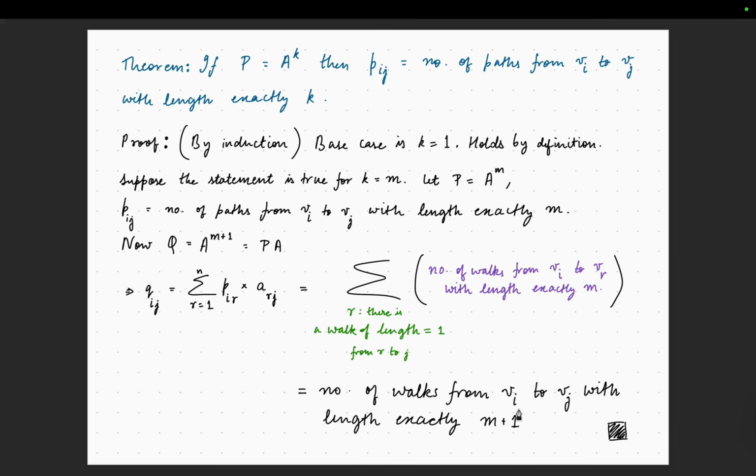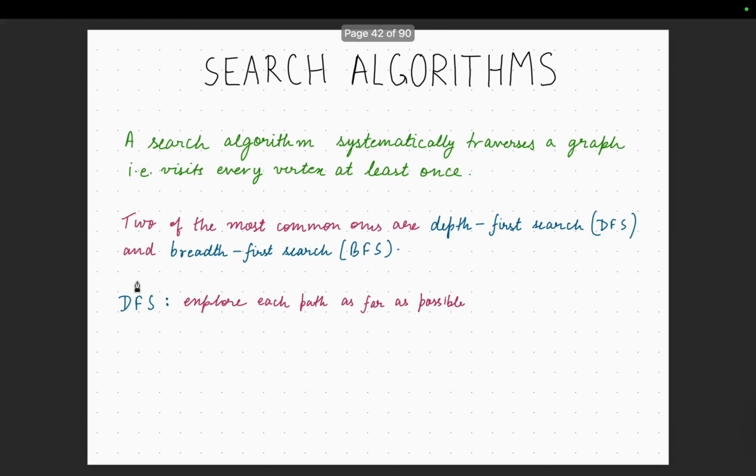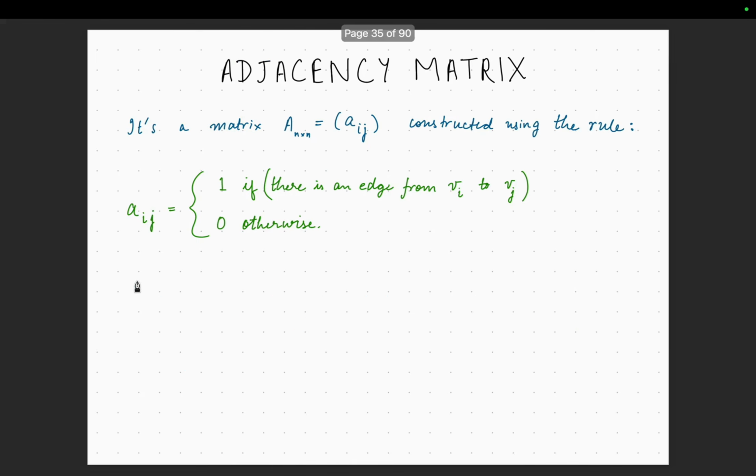An interesting fact is that if you change this definition a little bit, so instead of only having ones from Vi to Vj, you also make it 1 if i is equal to j, then A to the power k would store a different quantity. As you can see, I was struggling to write i is equal to j a little bit, so bear with me.